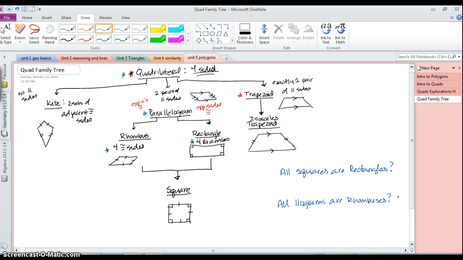Things like that. Well, here's a little trick that can help you answer these types of questions. If you memorize the location of everything on the family tree, then all you have to remember is that climbing the tree is good and falling out of the tree is bad. Now here's what I mean by that. Let's take this first example. All squares are rectangles.